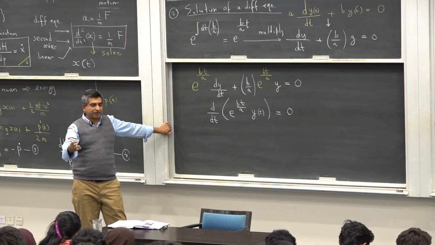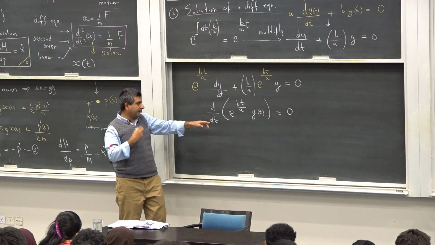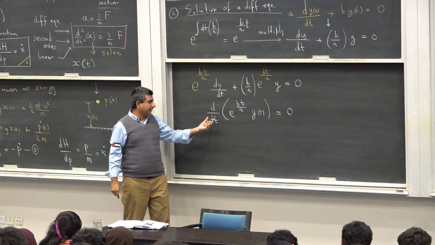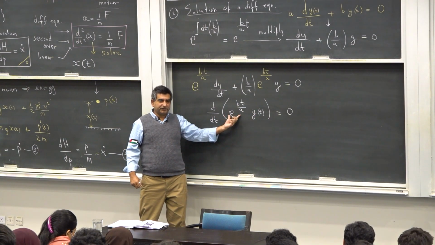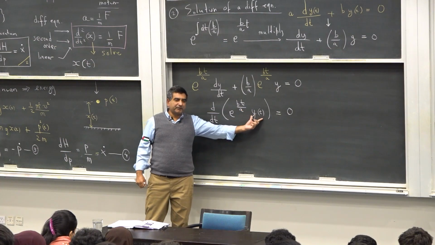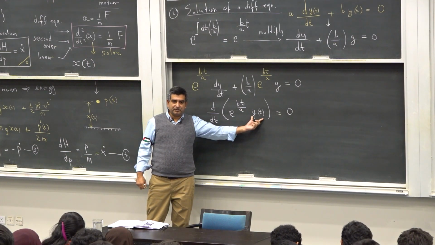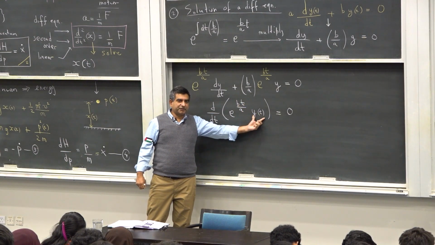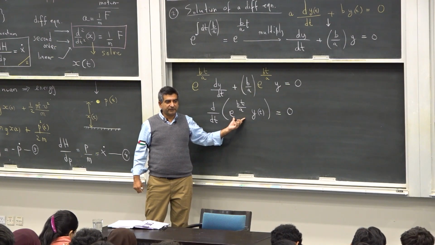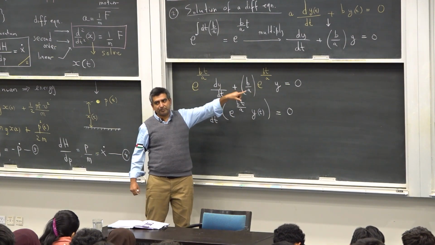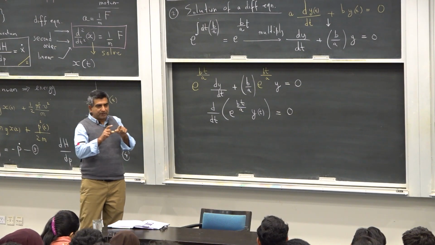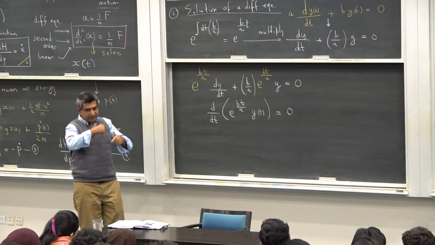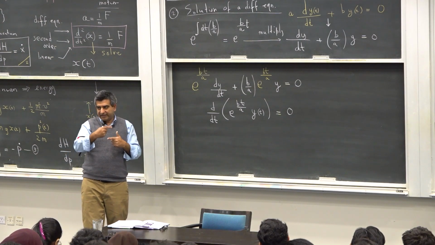So just use the product rule here. If I work my way backwards, the derivative of a product of two functions is the first function multiplied with the derivative of the second function plus the second function multiplied with the derivative of the first function. This is what this top line represents, and I am able to do that because of the integrating factor.